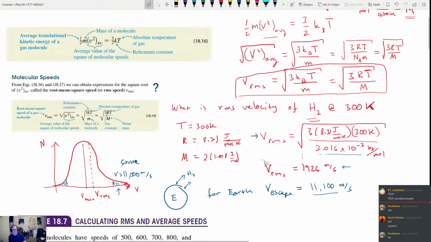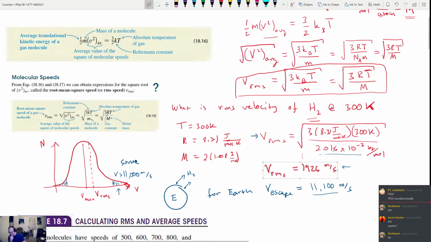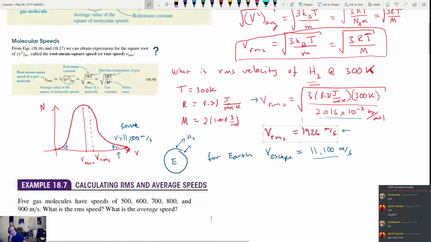Maybe a very, very small percentage have a speed that big. And this percentage is small enough that it keeps the hydrogen on the planet. Did you all follow that idea? It's a really interesting concept. The fact that this idea of RMS velocity is directly connected to what type of atmosphere you can have on a planet is pretty powerful.